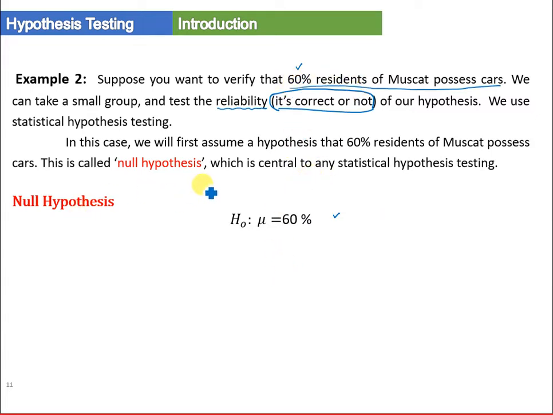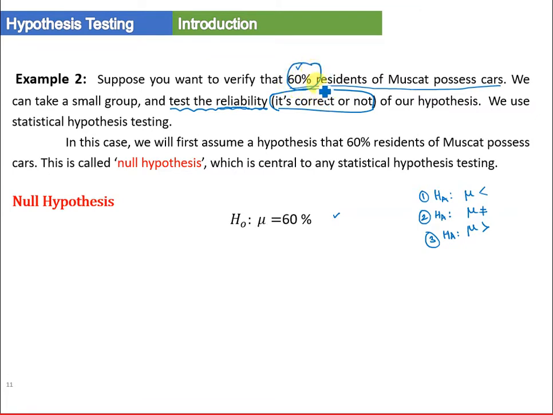Now to write the alternative hypothesis, what do we have to do? We need to get the proper word. We know that HA, the alternative hypothesis, can be less than, not equal to, or greater than. So we need to check which of these three, first, second or third, will be our alternative hypothesis. For that we need to find the appropriate word. We are testing the reliability, so it means it is correct or not. It means it is 60% or not.